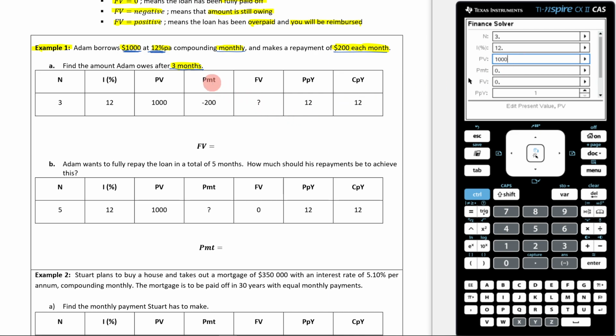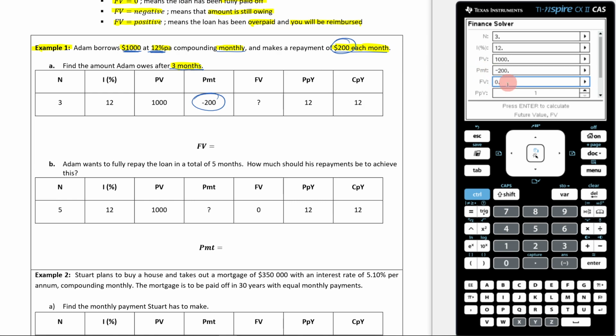Would you look at that? My PMT is negative. It's negative 200, and that's because I'm making repayments of $200 each month. Now, why is it negative? Because Adam is giving this money to the bank. It's coming out of his pocket and it's going to the bank. So that's why we make this negative 200, because it's coming out of Adam's pocket.